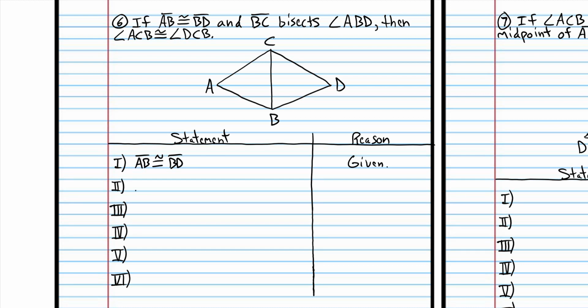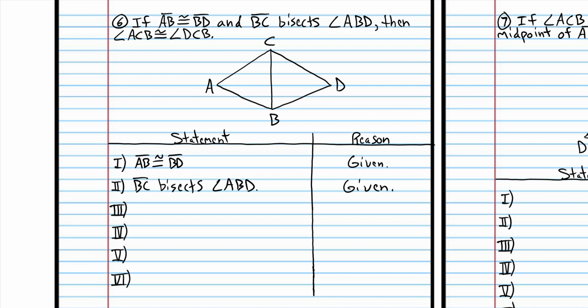We also know that BC bisects angle ABD, and that's given. Now remember, bisect means that it cuts this angle in half. So if it cuts that angle in half, that means that this angle is congruent to this angle.